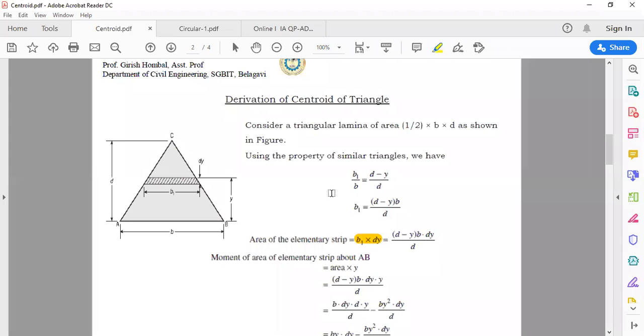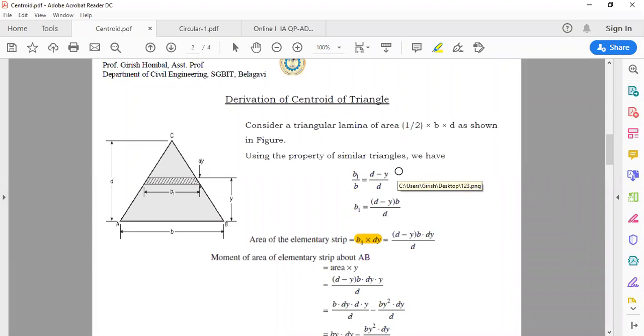Or in other words, in similar triangles, the breadth of the smaller triangle B1 divided by the breadth of the bigger triangle B is equal to the depth of the smaller triangle D minus Y divided by the depth of the bigger triangle D. So this is the property of similar triangles. If you rearrange the terms, you will get B1 is equal to D minus Y into B divided by D, as the B in the denominator goes to the numerator on the other side.